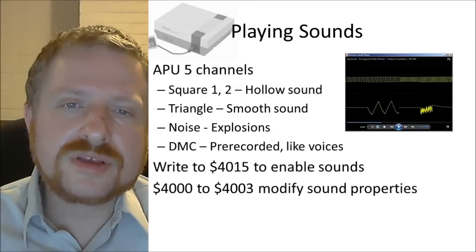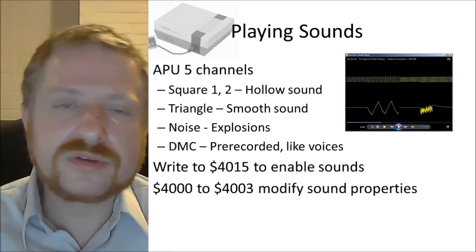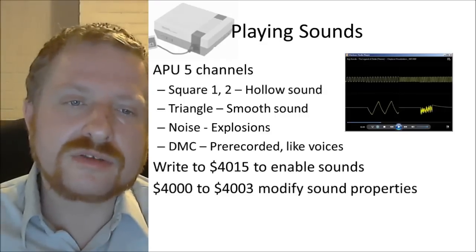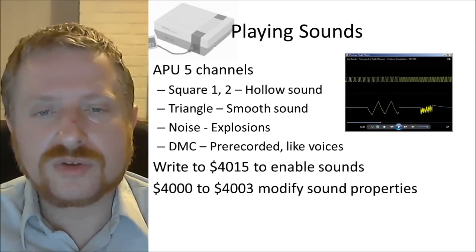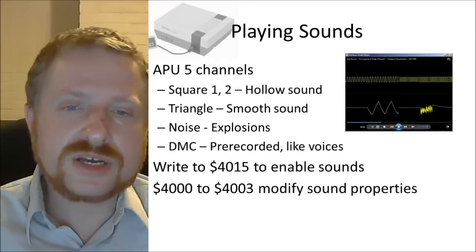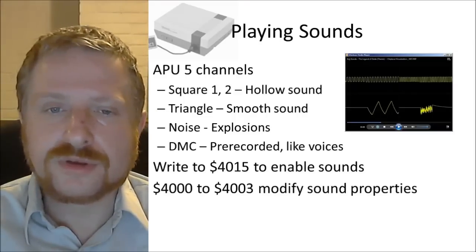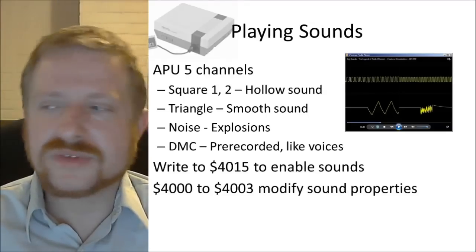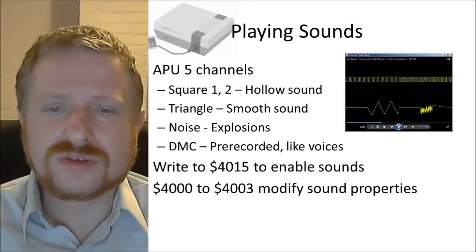And so to play sounds in your game, like music and sound effects, you have 5 different channels on the NES. You have 2 square channels, which give you sort of a hollow sound. You have a triangle channel, which is a little bit more of a smooth sound. You have a noise channel, which is more of a scratchy type sound that you can use for things like explosions.